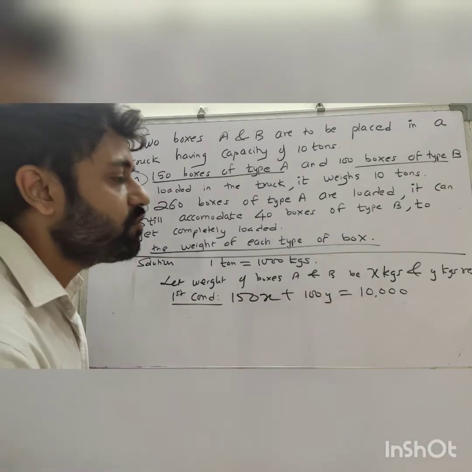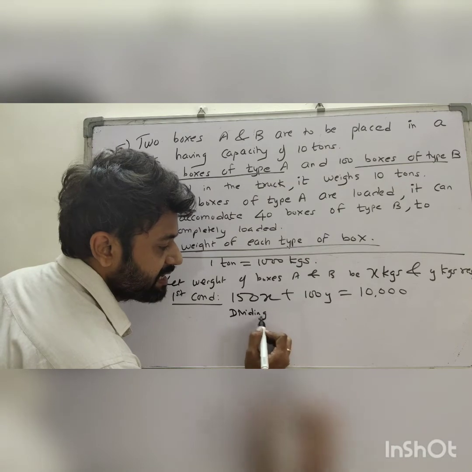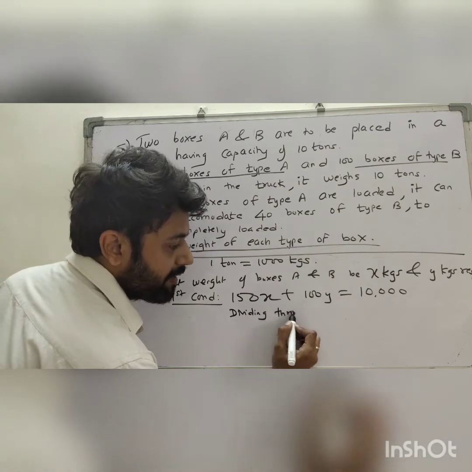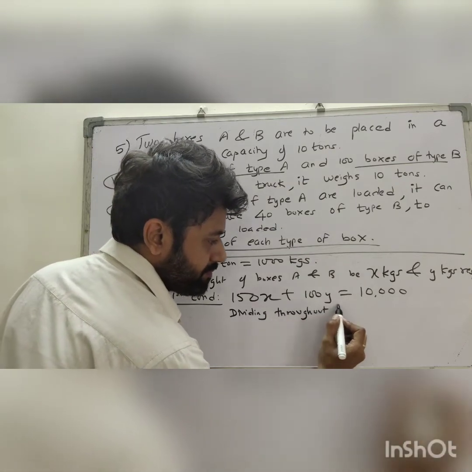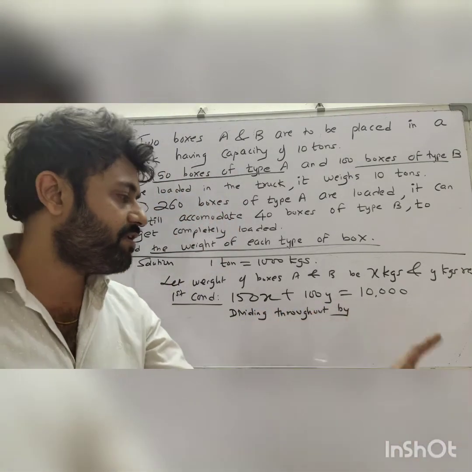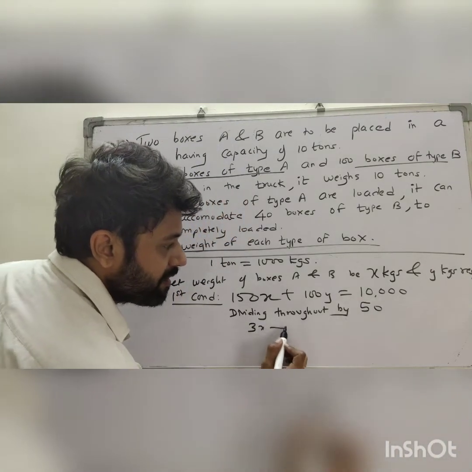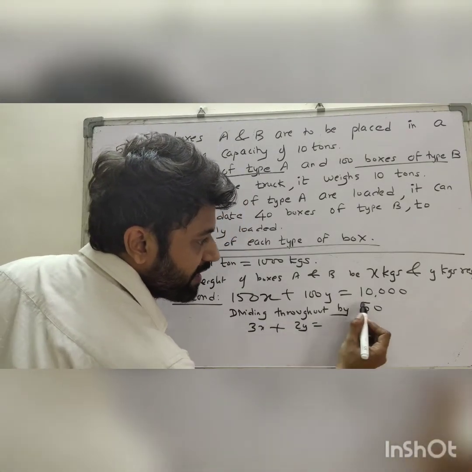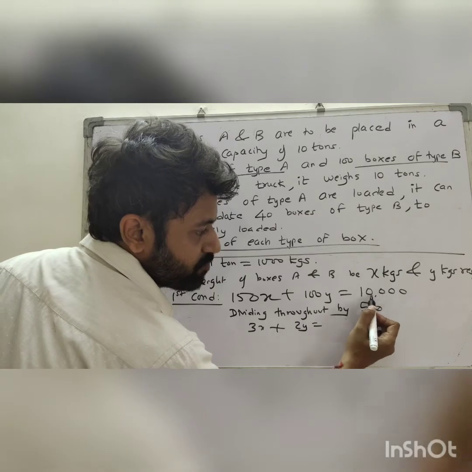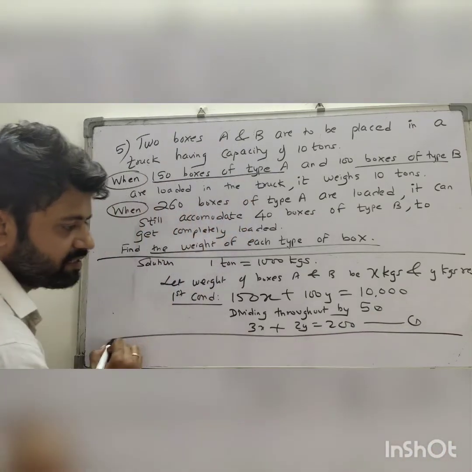Here we have a chance of dividing it, and I will definitely divide. Dividing throughout by 50, we get 3x plus 2y is equal to 200. This is your first equation.